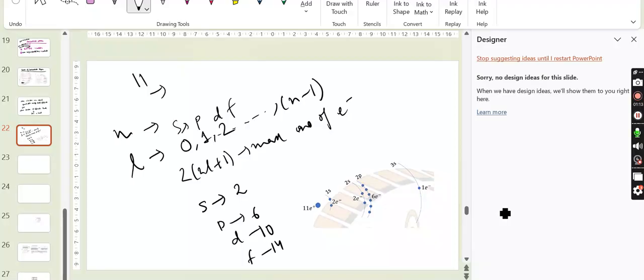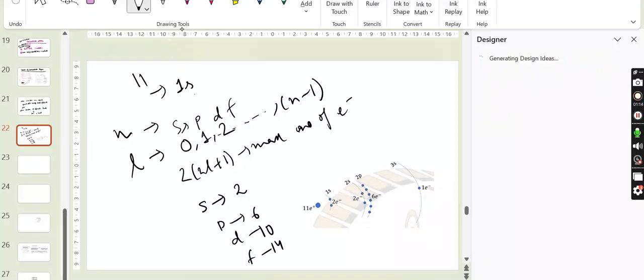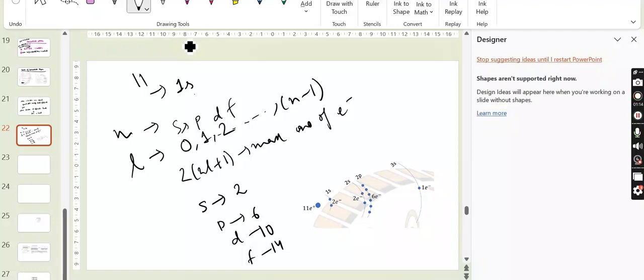So basically, this distribution would be for the quantum number 1 and 2. For 1, that is only s, because l varies from 0 to n minus 1. For 1, it is 0, so 1s.